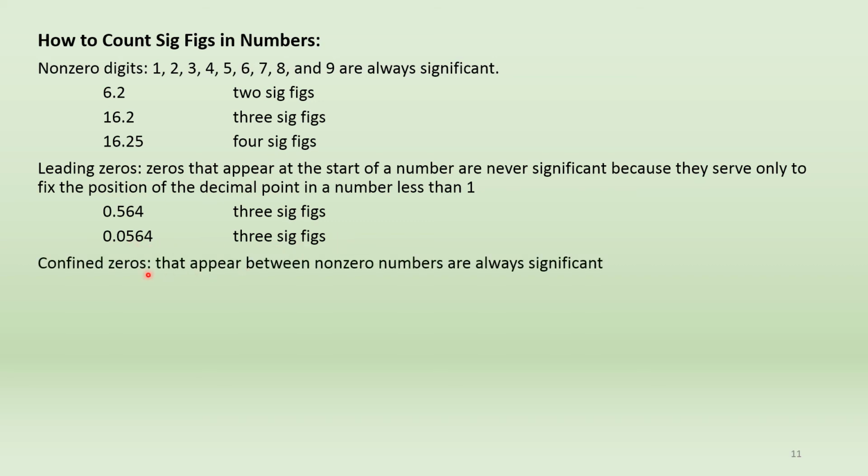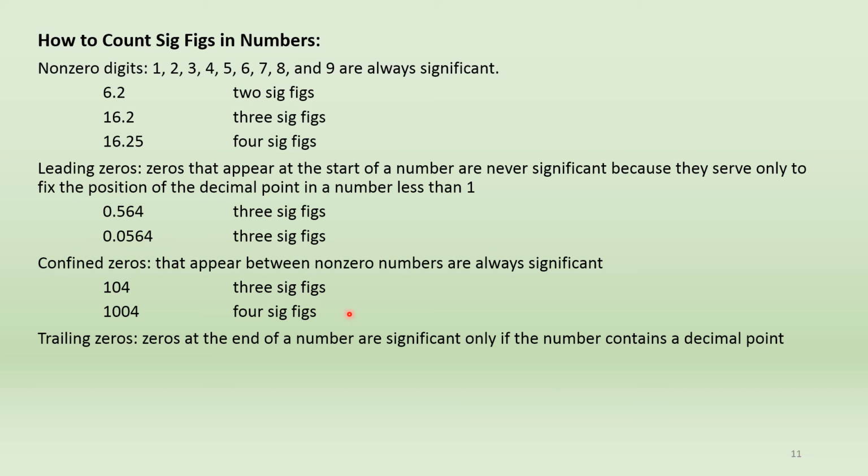What about confined zeros? Zeros that appear between non-zero digits. Well, they are always significant. So for example, in 104, the 0 is significant. There are 3 sig figs in that number. In 1004, confined zeros are significant, a total of 4 sig figs.